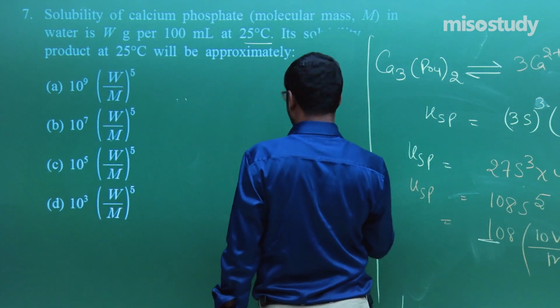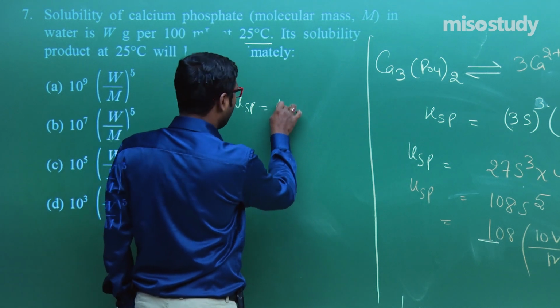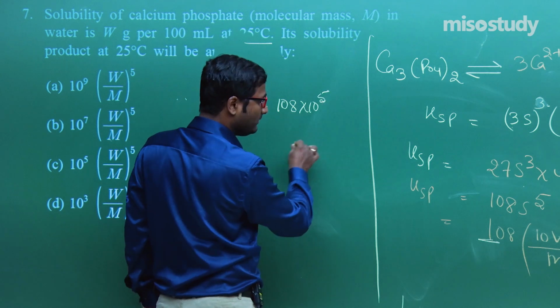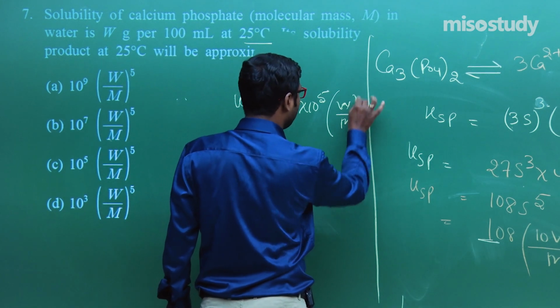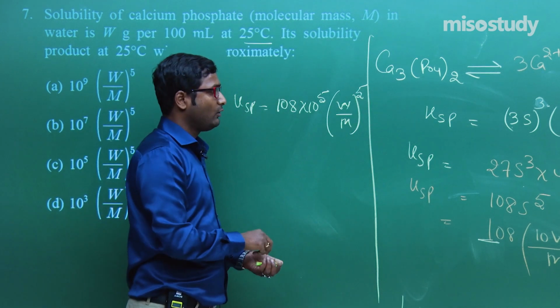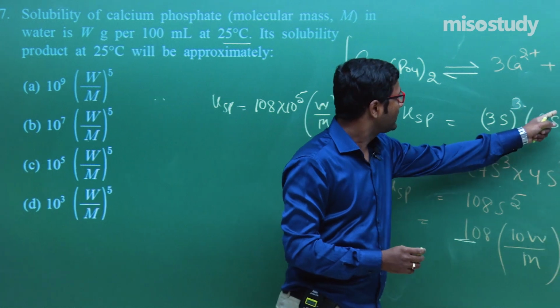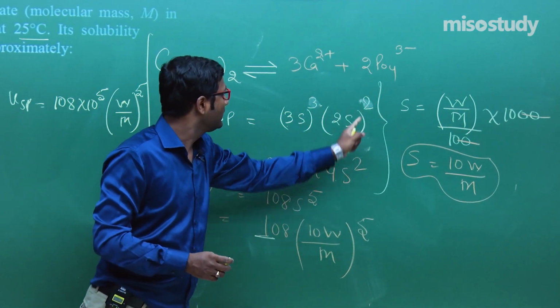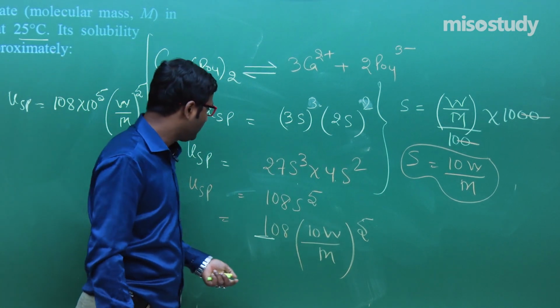Now 10 comes here, that is KSP is equal to 108 into 10 to the power 5. Clear? W upon m to the power 5. I hope this is correct. Check it out once again. 2s to the power 2, that is 4, 108.